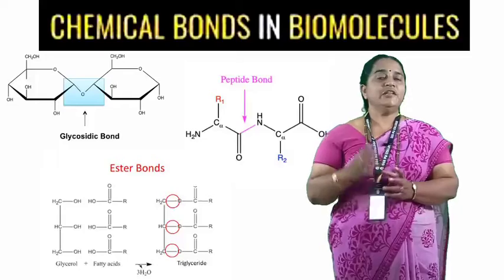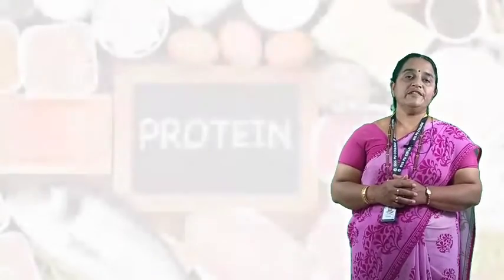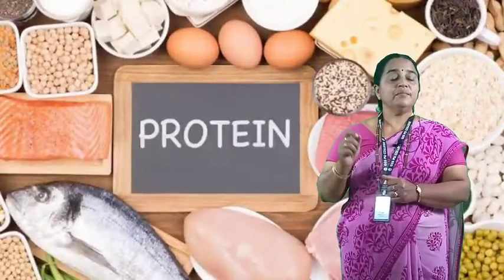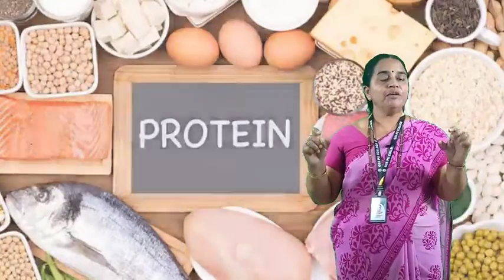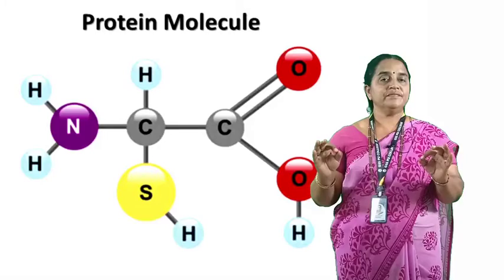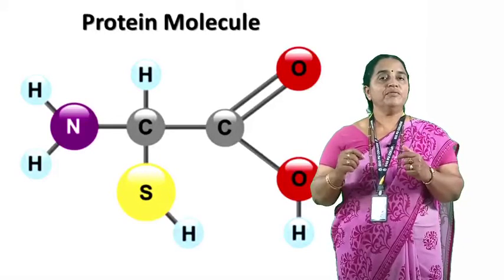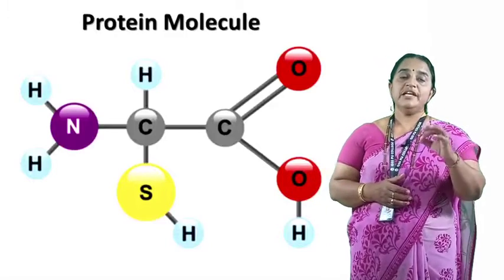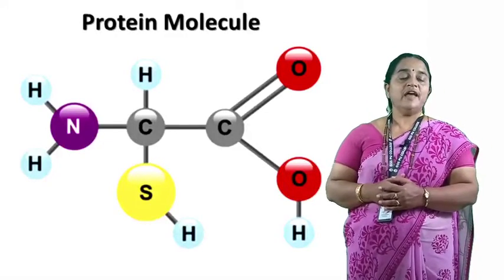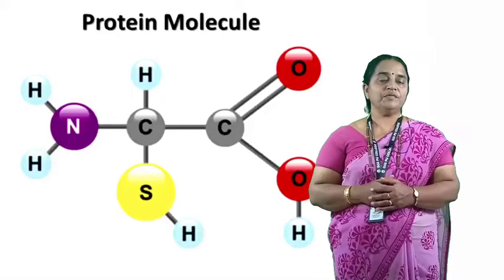In today's session, let us begin with proteins. Protein is biomacromolecule. Its polymeric form is called polypeptide, which is made up of polymerizing amino acids. Each amino acid is having 2 functional groups.